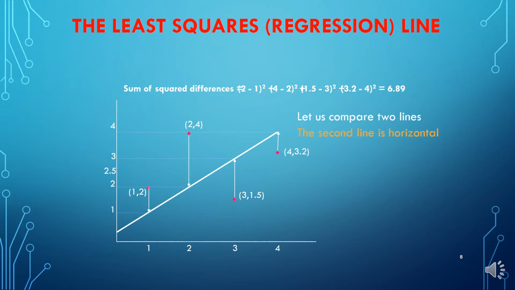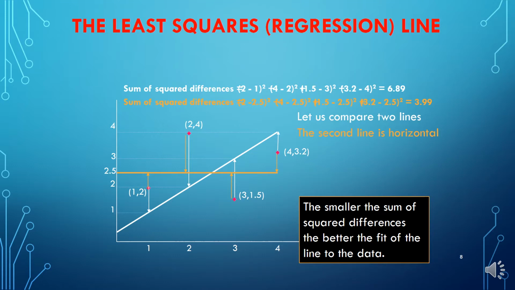Let us draw another line. The second line is horizontal and project again to that line for each point. So the errors will vary. Let us look at it. So the errors are varied and we get a total error of 3.99. For example, the first point is 1 comma 2. When projected to the horizontal line, it leads to 1 comma 2.5.